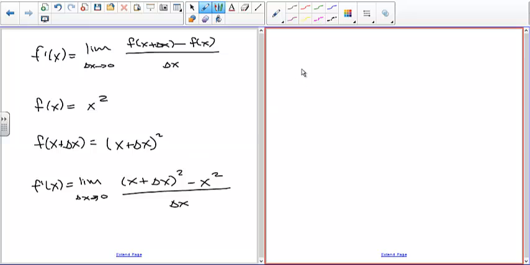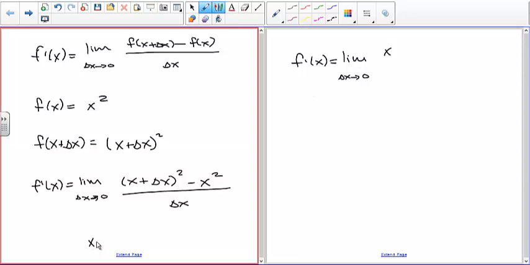Then you multiply out this term. So let's just write out what this means. x plus delta x, quantity squared, is the same as x plus delta x times x plus delta x.